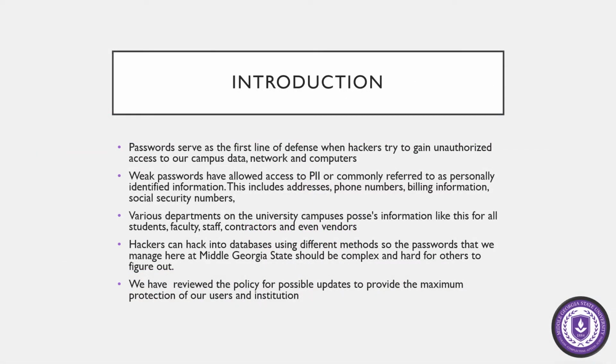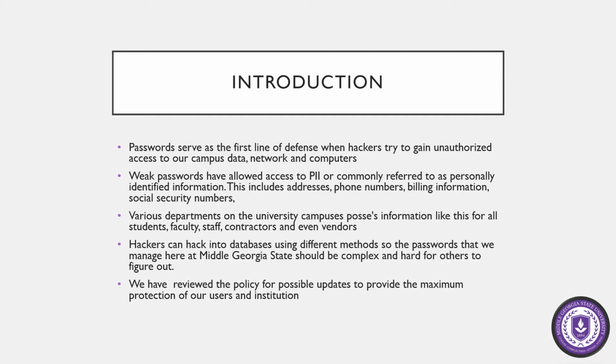Introduction. Passwords serve as the first line of defense when hackers try to gain unauthorized access to our campus data, network, and computers. Weak passwords have allowed access to PII, or what is commonly referred to as personally identifiable information.